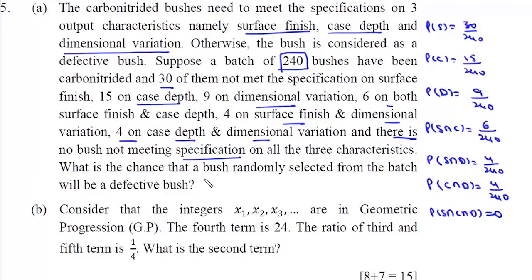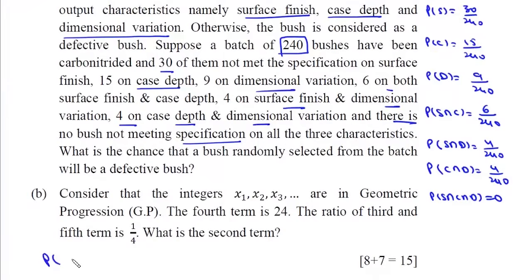Now we need to find the chance that a bush randomly selected from the batch will be a defective bush. Now a bush will be defective if it has a problem in either surface finish or case depth or dimensional variation. Now this is equal to PS plus PC plus PD.